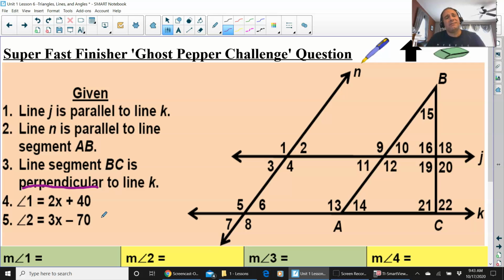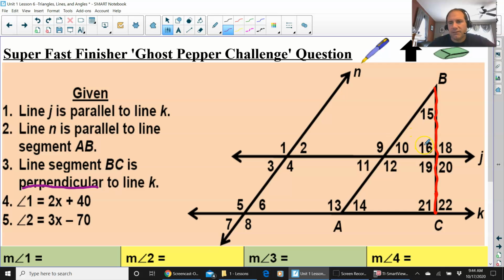And best yet, we're just going to go ahead and fill in, before we even look at what they gave us at 4 and 5, all of the 90-degree measurements with this perpendicular line right here. I'm just going to draw a line down for this perpendicular part that forms right angles left and right.